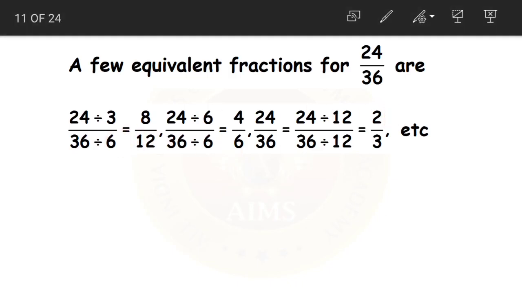24 by 36. We have this fraction here. Do I have a common divisor for both the numerator and denominator? Any one table in which both the numbers are divisible?